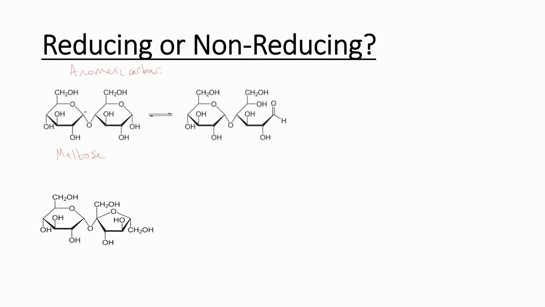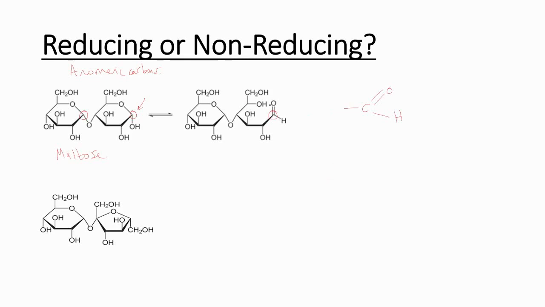The 2 anomeric carbons that we've got in glucose are on carbon 1. Now you can see the carbon 1 here has a free OH group. This allows this glucose to form a linear molecule. And you can see the anomeric carbon, and now you can see it's given rise to an aldehyde group, a CHO group.